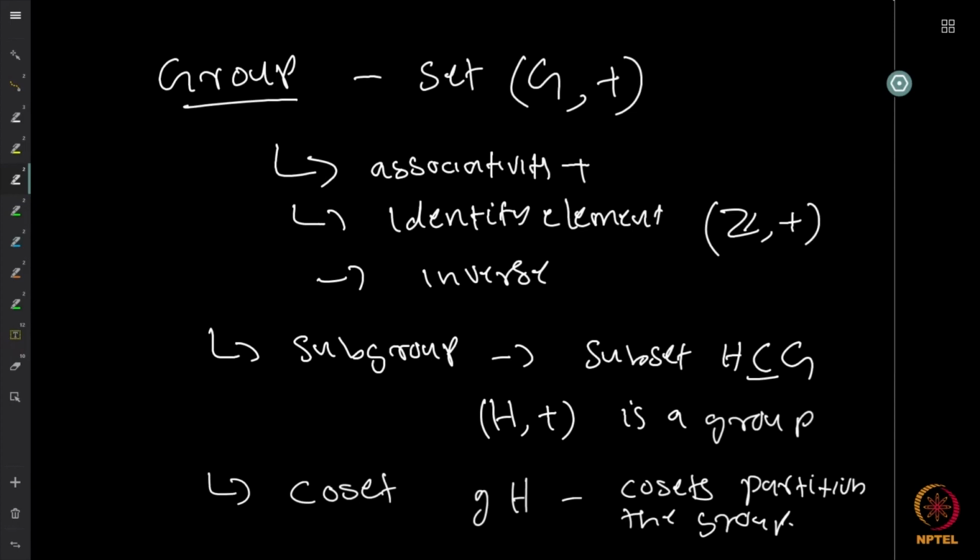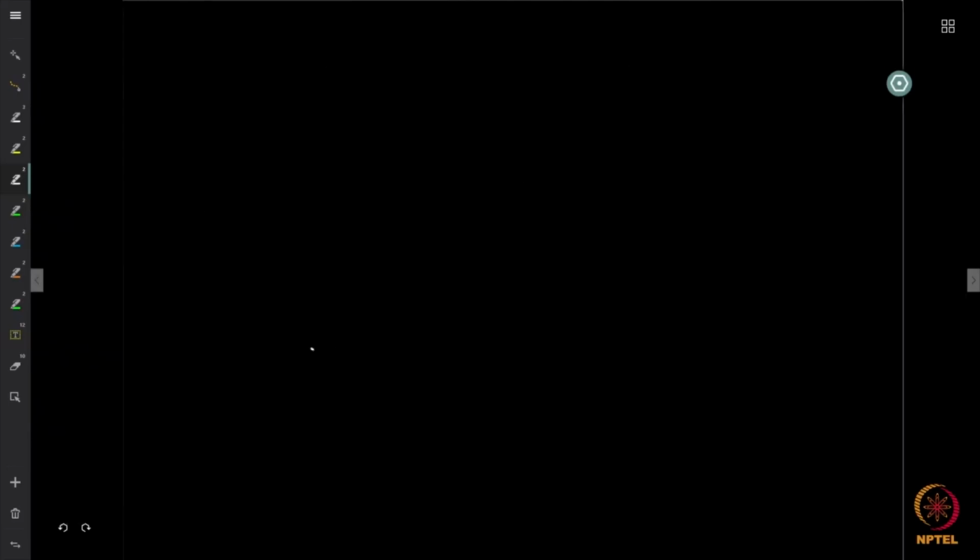So the cosets basically form a partition of the group. Now, with respect to which subgroup you are looking at, you will see that the cosets have the same cardinality, and then it follows that the order of the subgroup, so the number of elements in the subgroup, divides the order of the group, and things like that. So these results are all very standard in any mention of group theory. Okay, so now these things that you should know.